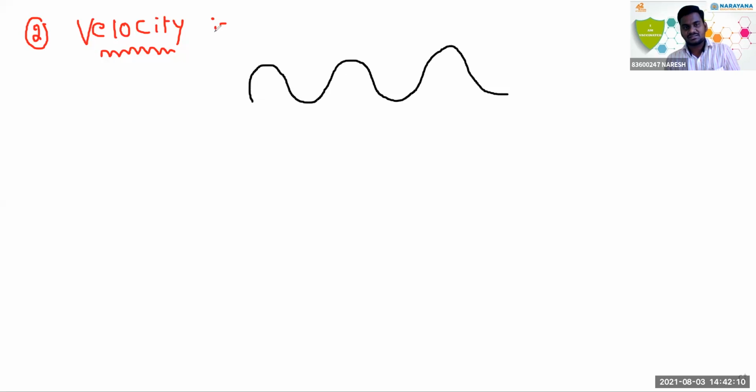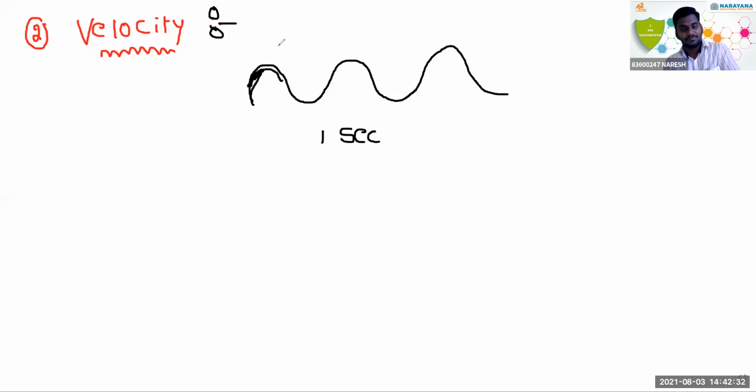So what is velocity? The distance traveled by the wave in 1 second time is called its velocity. Nothing but speed, you can say.